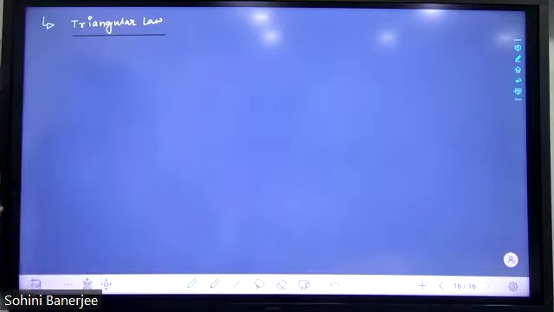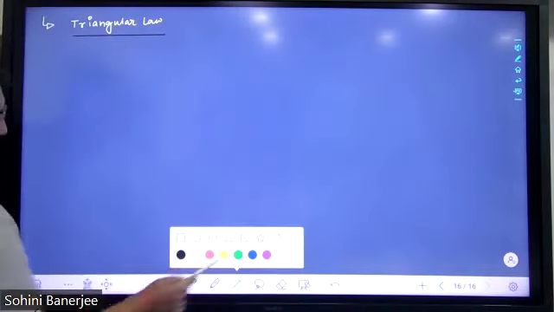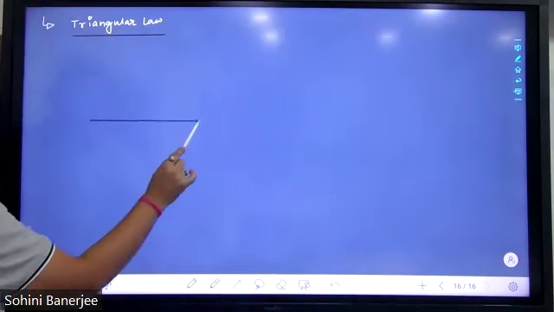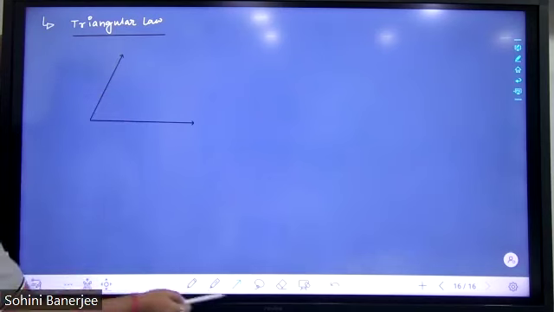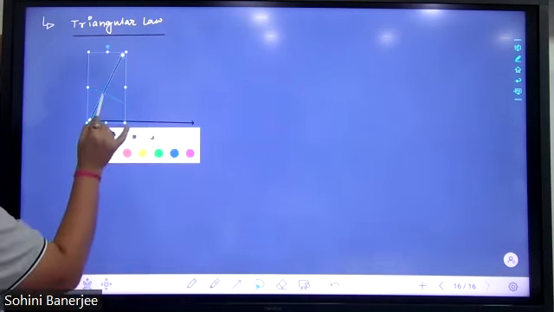Means that এরকম ছিল, this is A, this is B, এটা ছিল parallelogram law তে.